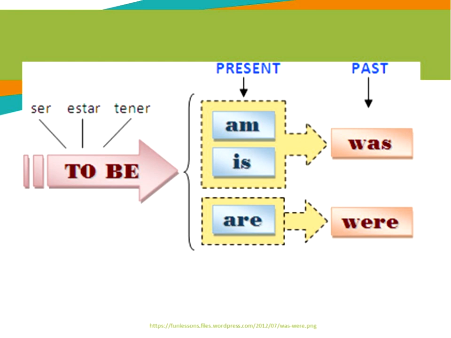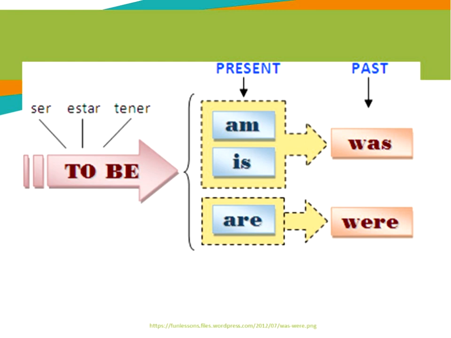So you notice that you don't say "beed". What you say? Was. That's what you say. Was. So that is very important. And this verb is particular because it has two forms in past.